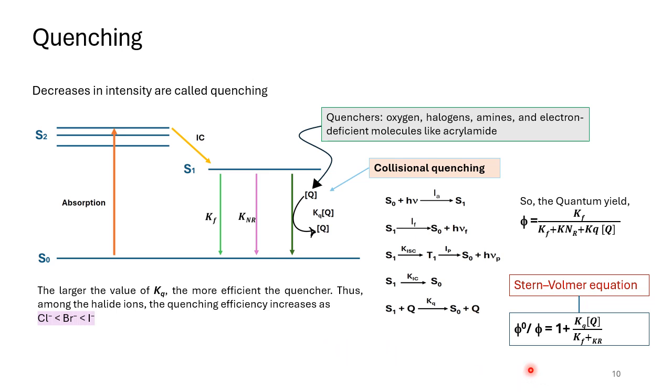And from this equation, we can also see that the greater the value of kq, the more the quenching. So the general trend of halides is this, where iodine is a better quencher than bromine, than that of chlorine.